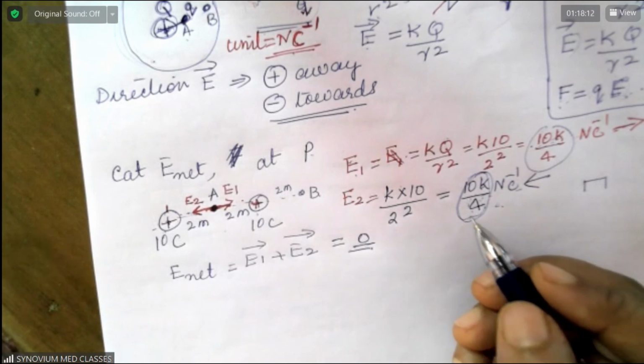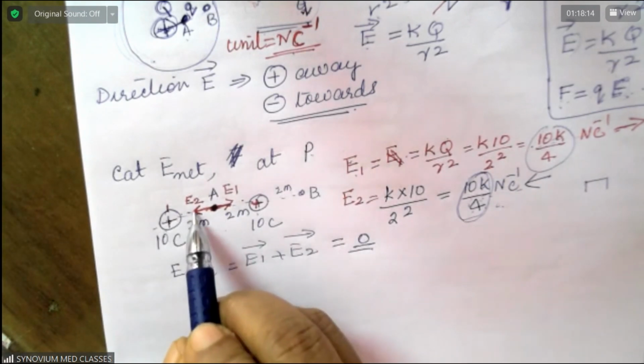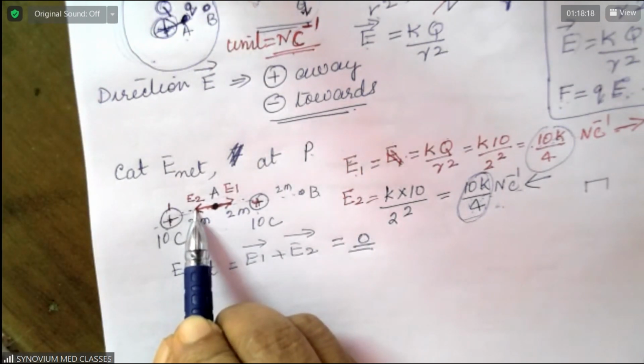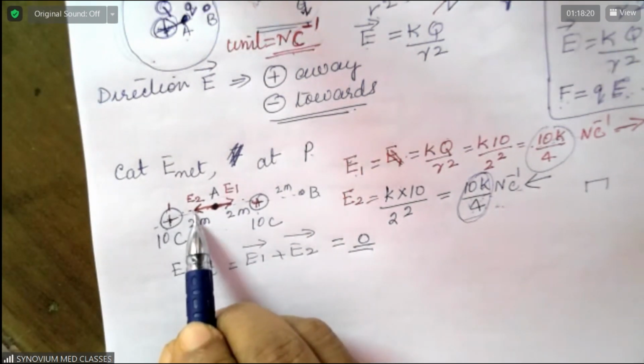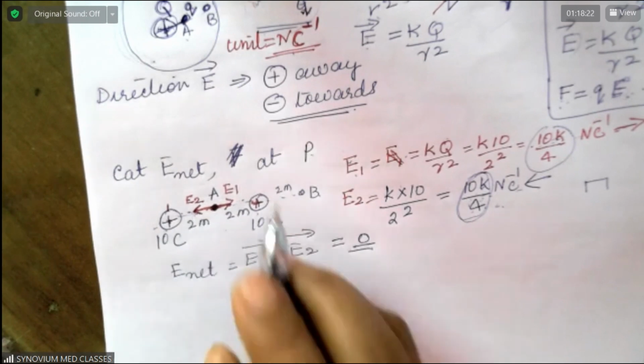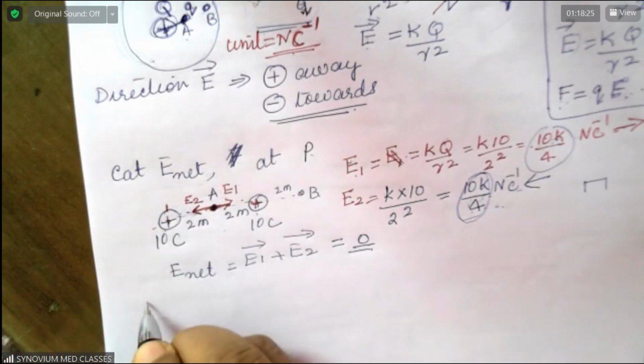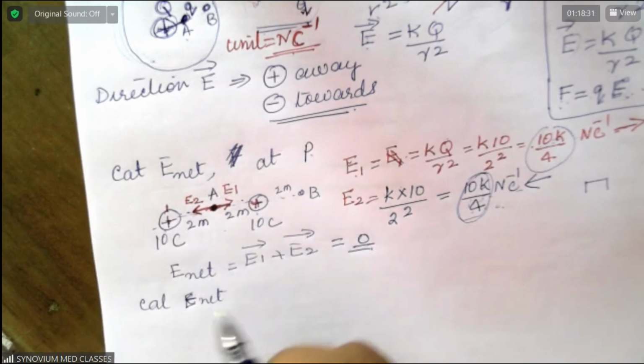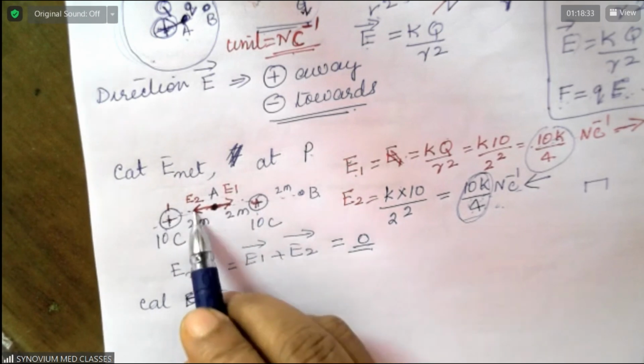Understood? But if you had to find at this point, which is 1 meter away, will the electric field be 0? You can do that as homework. Calculate electric field net 1 meter from here.